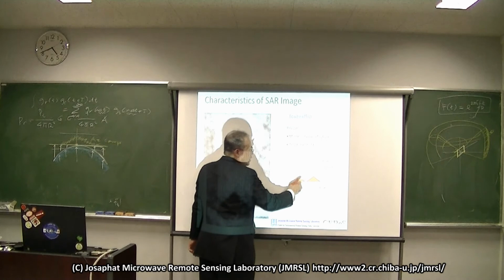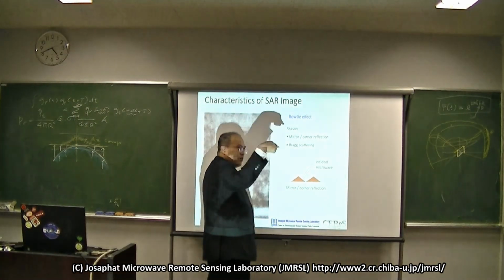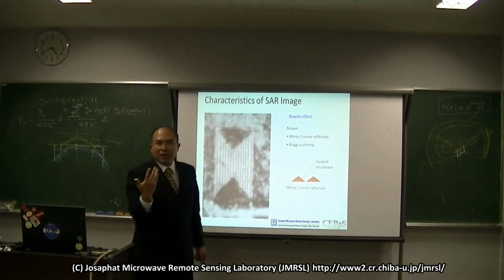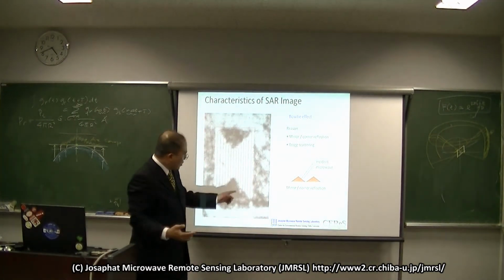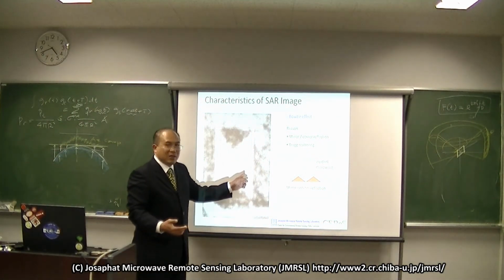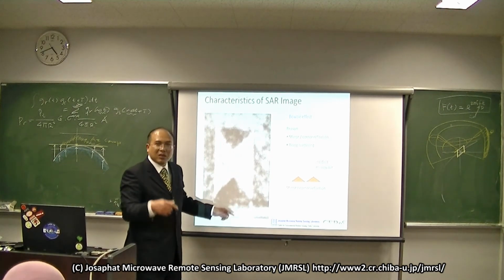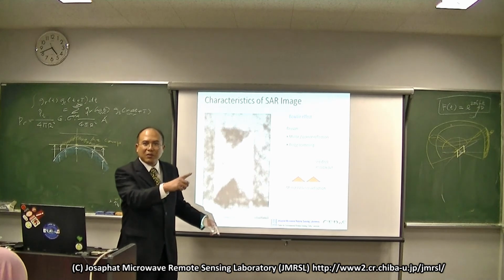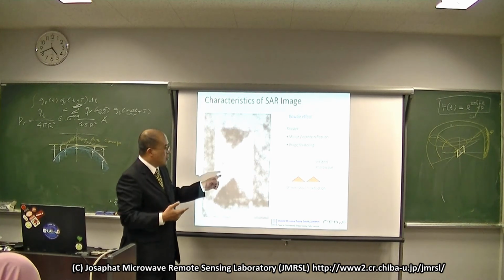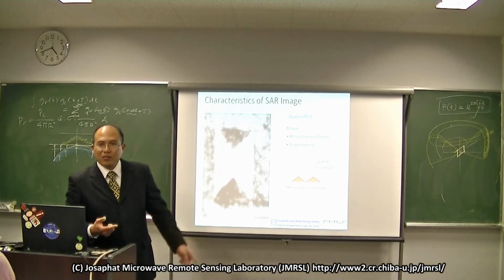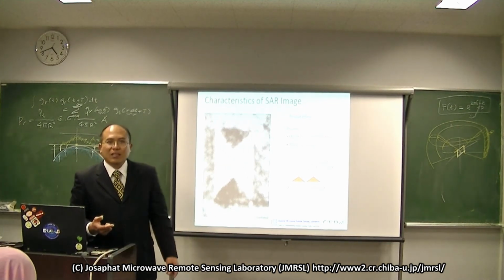If perpendicular, very strong. But if the wave comes from here and goes there, it does not come back. Parallel is the same. Here strong, it means perpendicular. But here black, it means parallel to the wave. You can predict which direction the satellite is moving, from which direction to which direction.